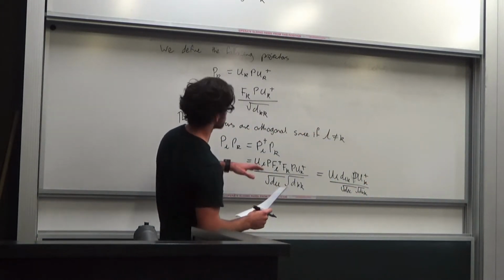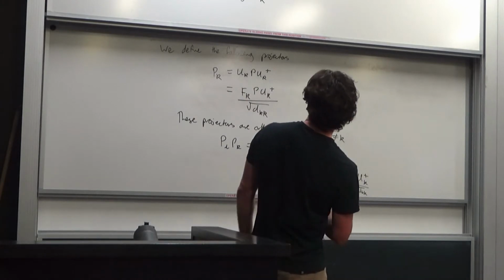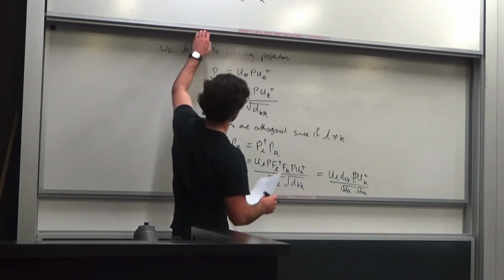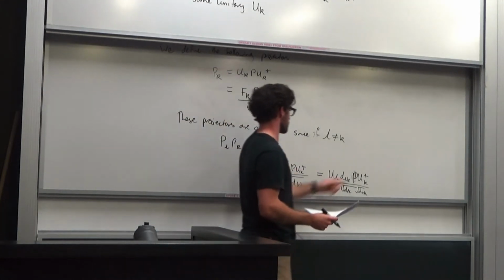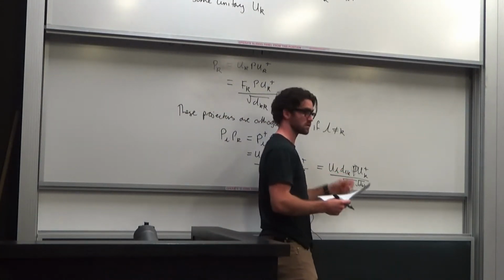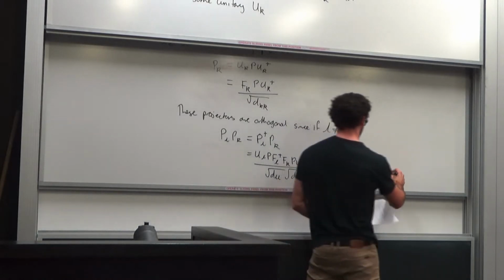So we've just used, we set it on the board, this up here. And basically when K is not equal to L, that is 0 because it's a diagonal matrix.